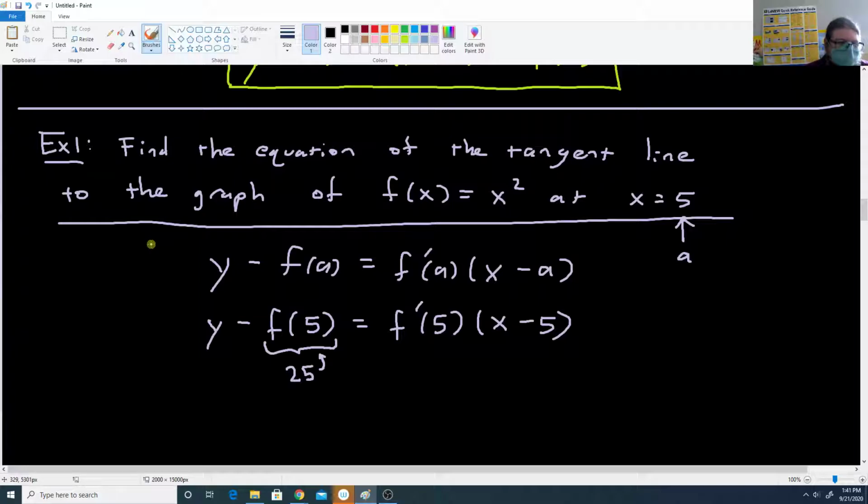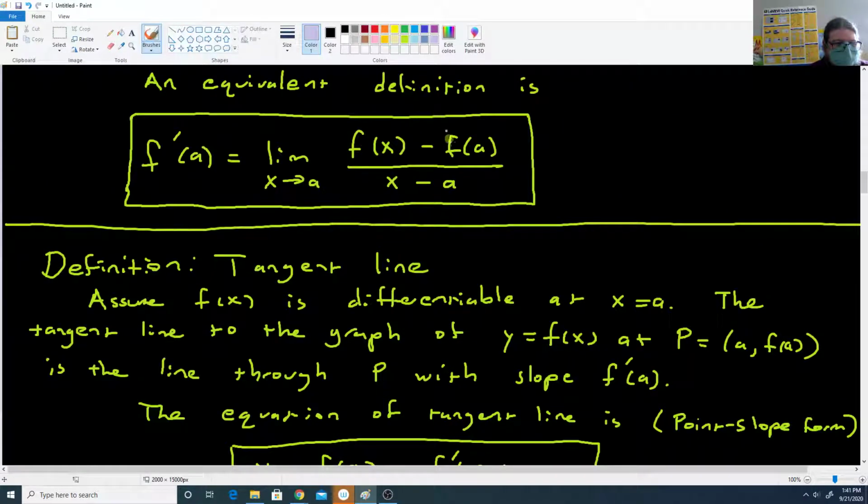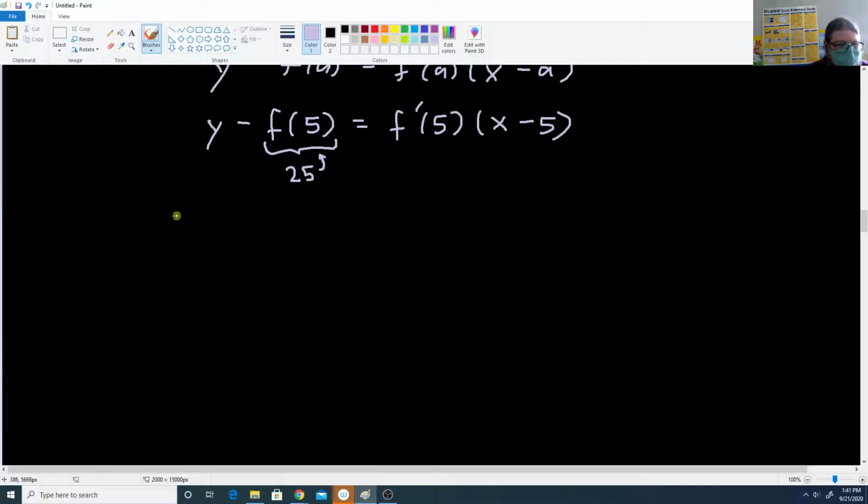In the class earlier today, we asked which form we wanted to use to calculate this, and the class said we're going to go with this form. So to keep the notes consistent, we'll calculate f prime of 5 using this equation here. We need to find f prime of 5 now.